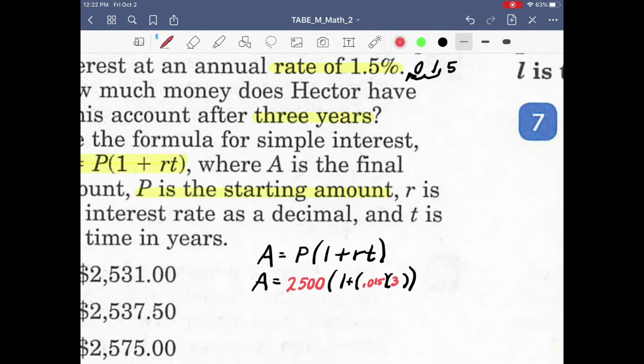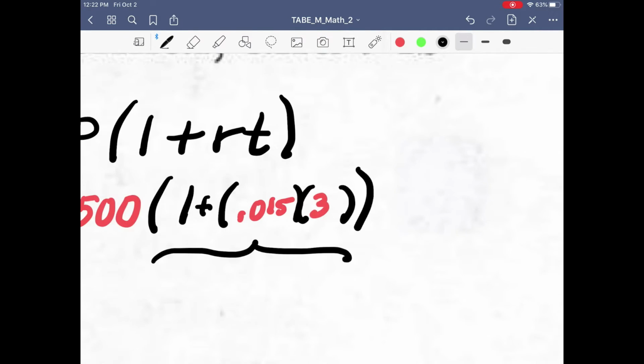So here's how I would do it. You can put all of this into your calculator if you want to. It's depending on how proficient you are with your calculator. But here is the mathematical way to work this. The first thing I'm going to do is multiply these two.